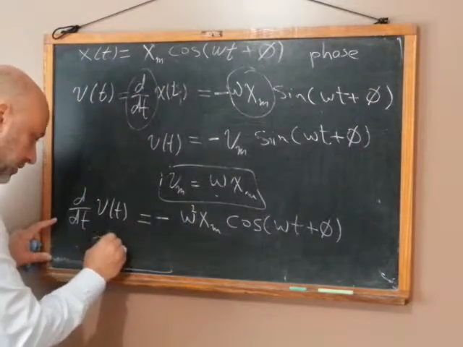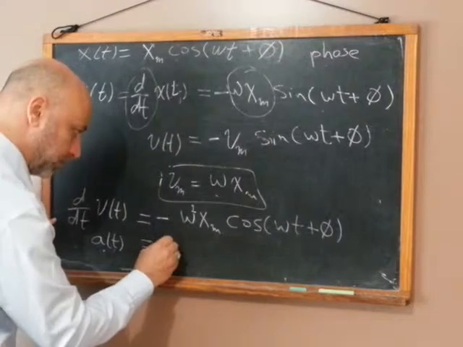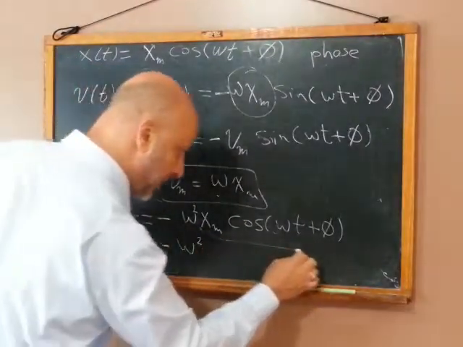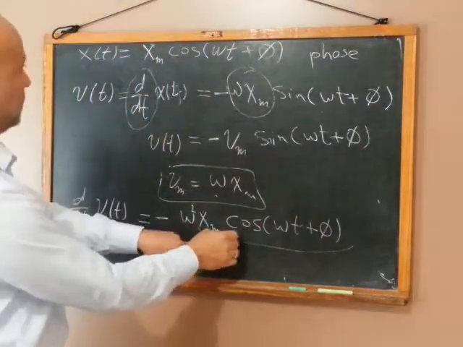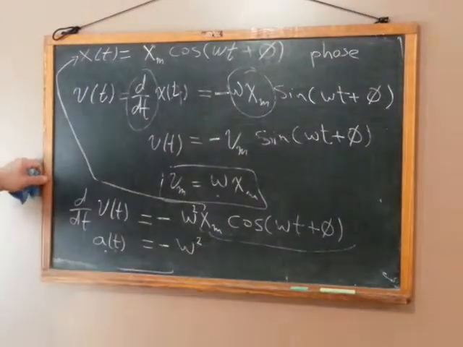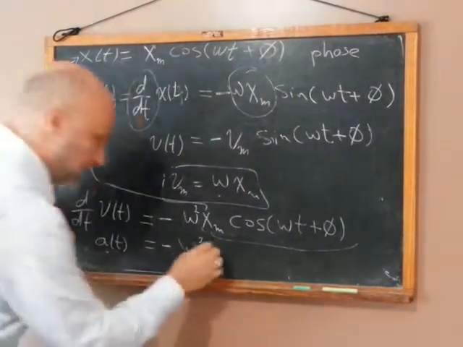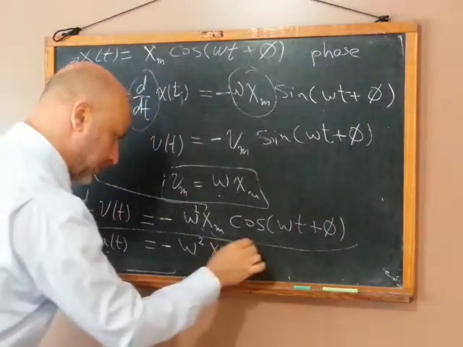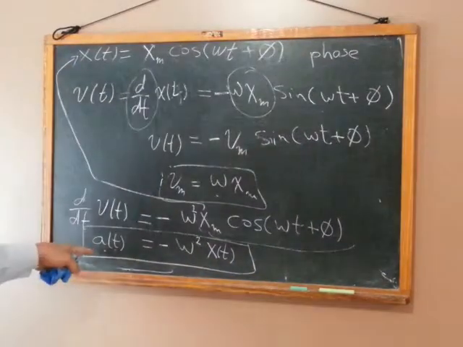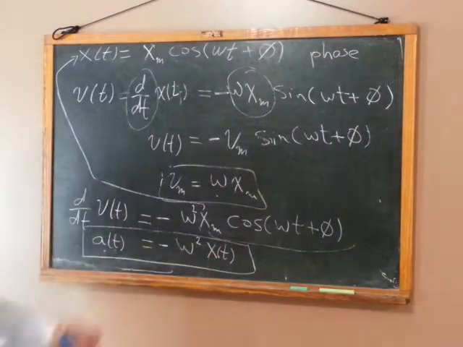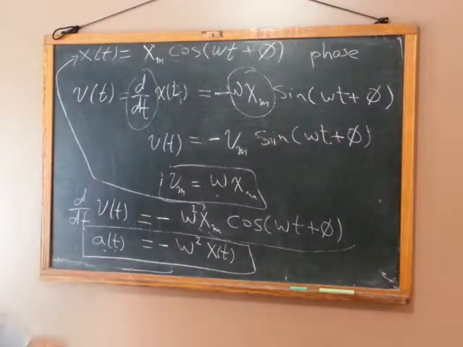That's the acceleration of the object, equal to negative omega squared times x max cos of omega t plus phi. If you compare it to this equation, that's the position itself, x of t. So the acceleration equals negative the position multiplied by the square of the frequency.